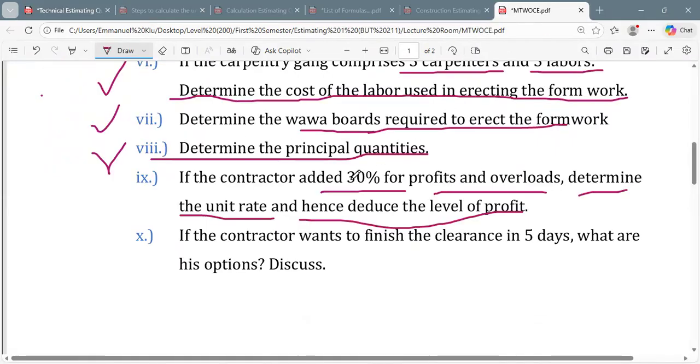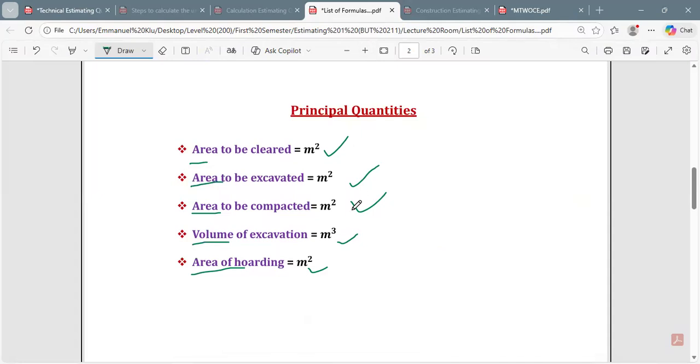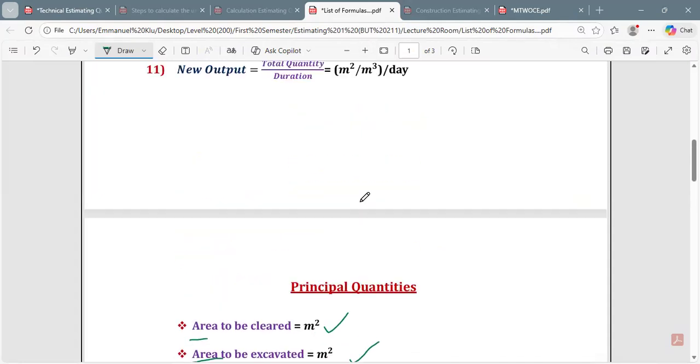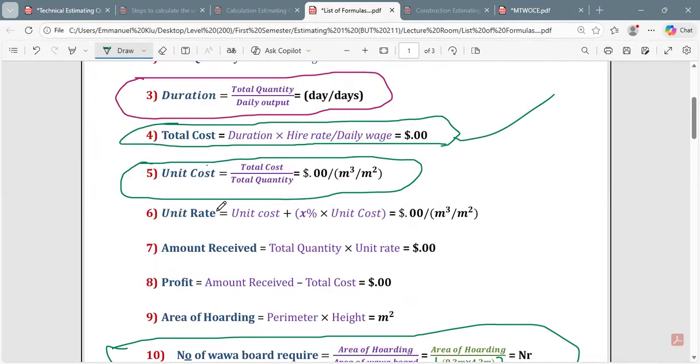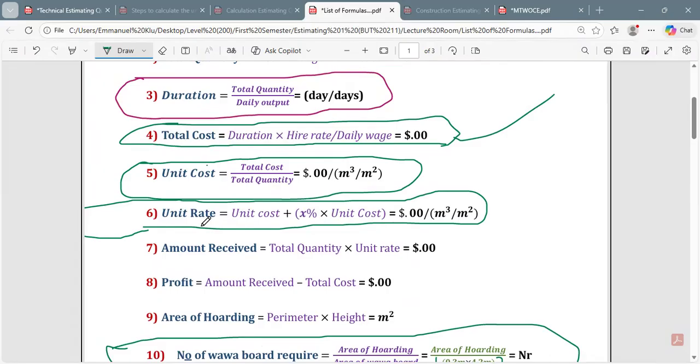Look at the formula for the unit rate, it is over here. The unit rate is equal to the unit cost plus X% times the unit cost itself.